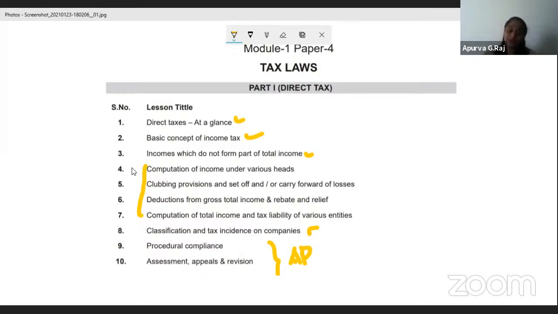So as I told you, chapters 4, 5, 6, and 7 constitute 70% of your marks. Next 15% of your marks is from assessment procedure. The leftover 15 marks is going to be from chapters 1, 2, 3, and 8. This is the index of income tax with respect to the company secretary course, that is the executive level.